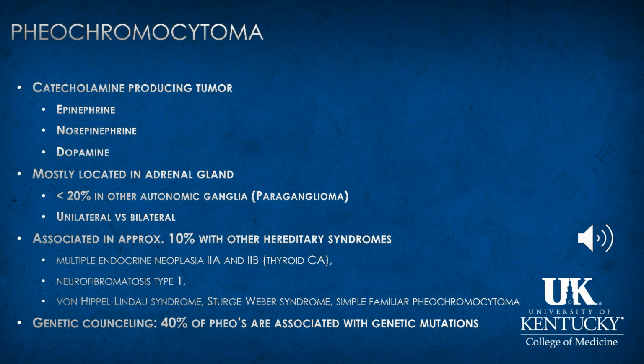While the majority of pheochromocytomas are located in the adrenal medulla, either unilateral or bilateral, they can originate in any other autonomic ganglia, then called paraganglioma, which occurs in less than 20% of the cases. When the diagnosis of pheochromocytoma is made, there should be genetic counseling and family counseling because there is a genetic predisposition around this malignancy.